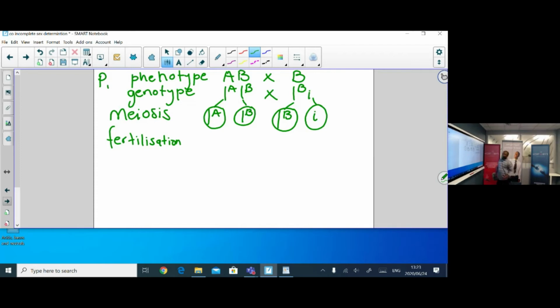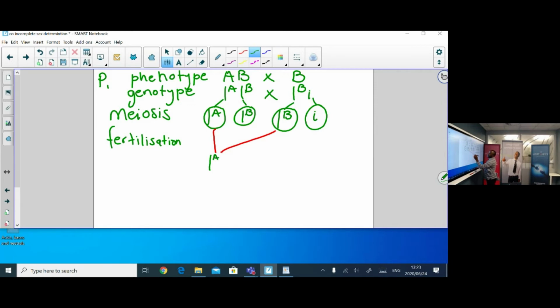It's random fertilization. I always want to use my red color. A and this B. What do we get? Let me continue to use my green for the outcomes.